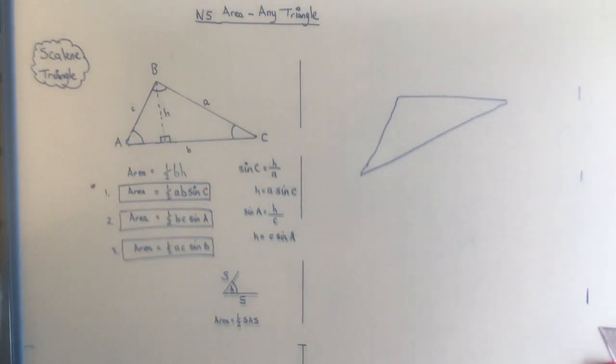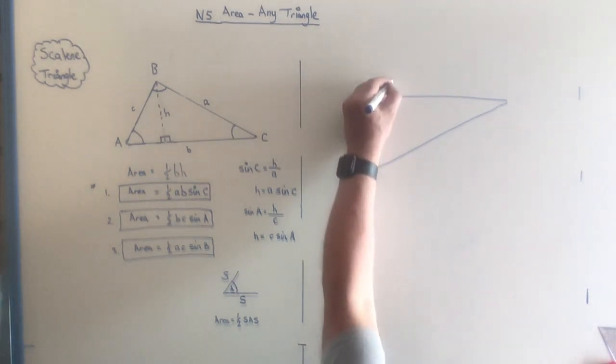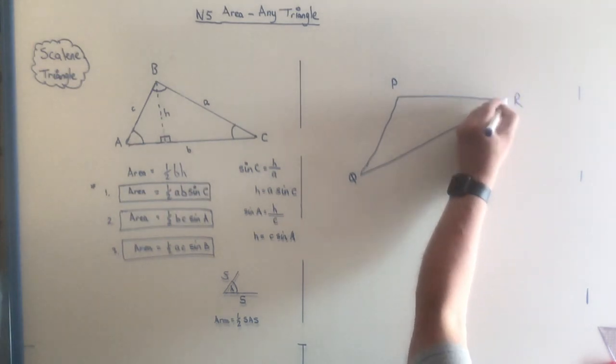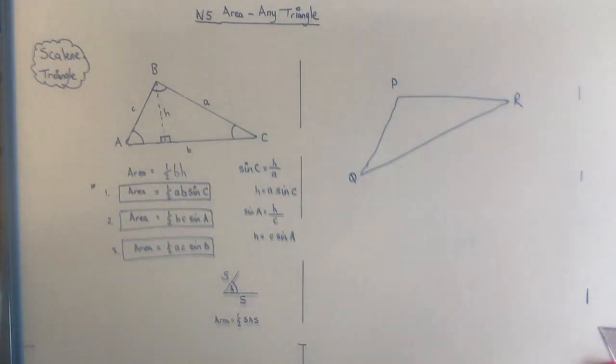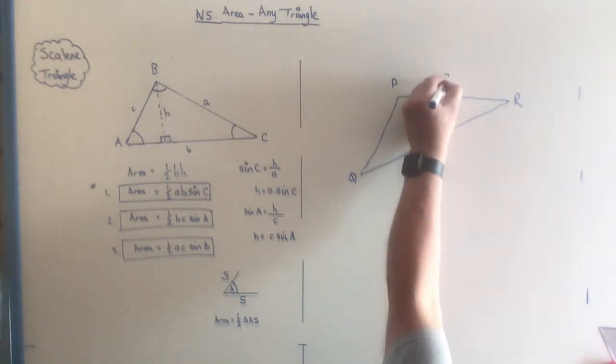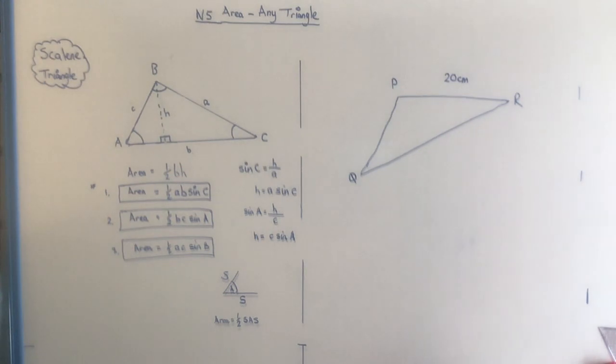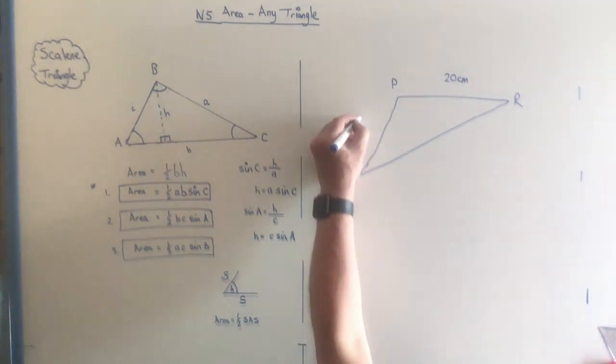We're given something like that, and we've labelled it P, Q, R, and we're told that this side up here is 20 centimetres and the other side is 16 centimetres.